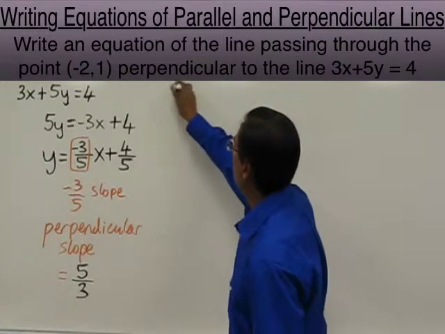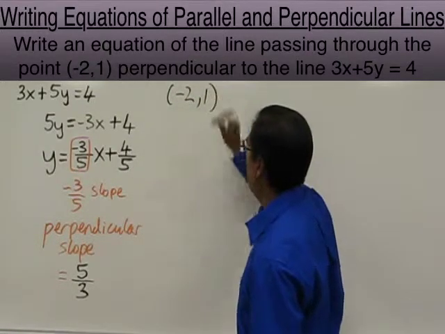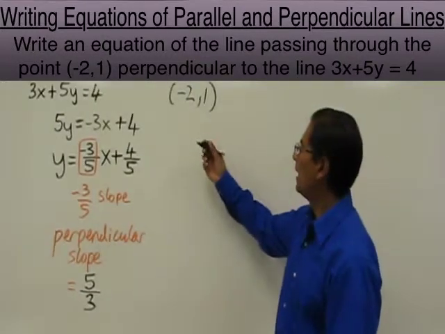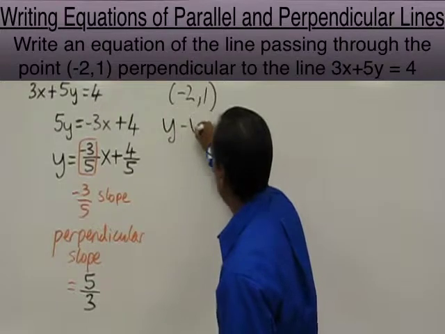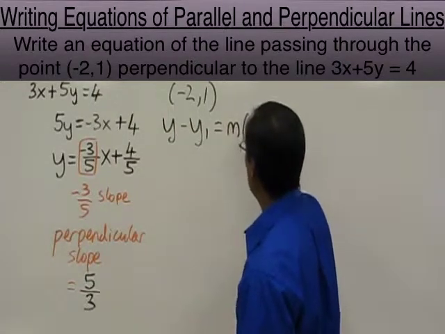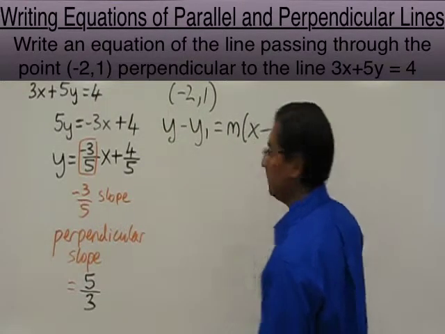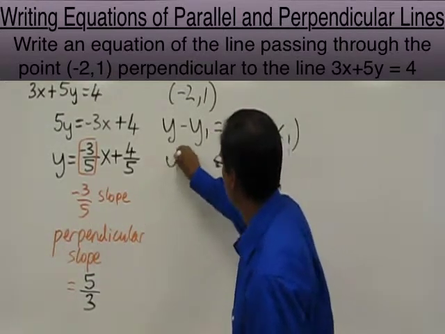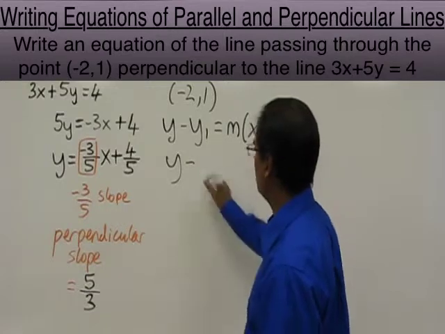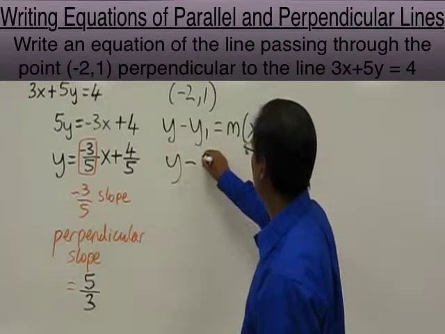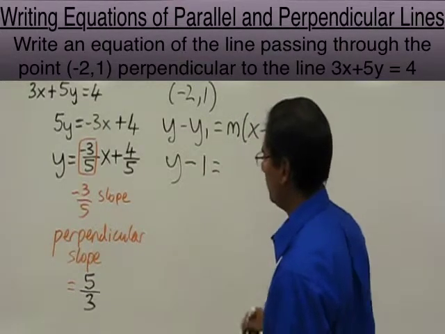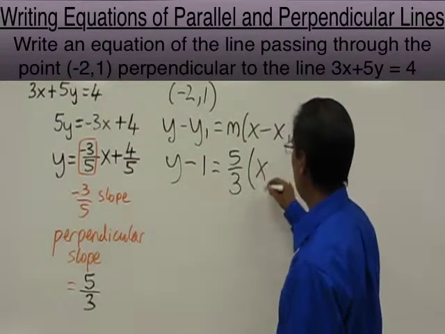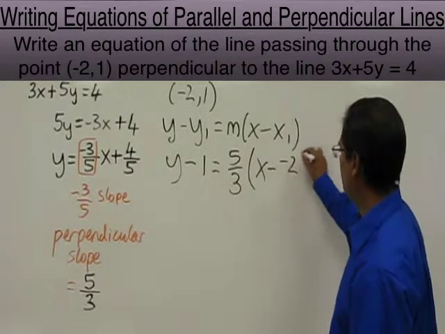And we also have the point (-2, 1) and this slope. So we have y minus y1 equals m times x minus x1. And we plug in our point and our slope to get y minus 1 equals 5/3 times x minus x1, which is negative 2.